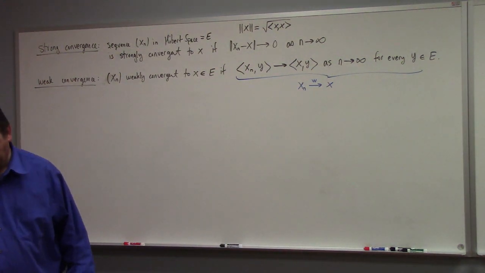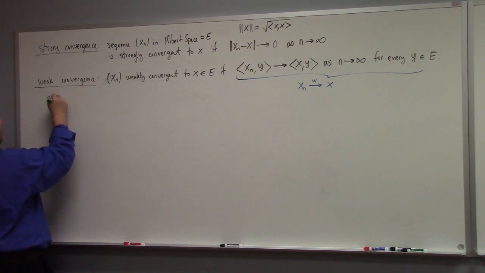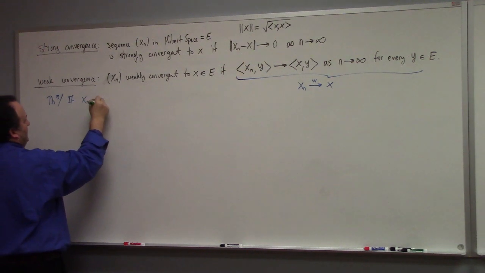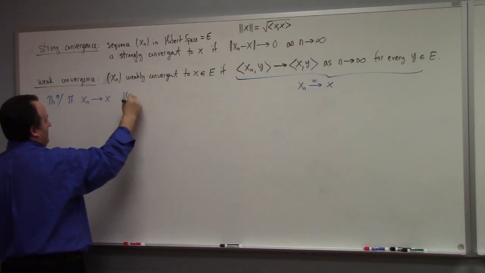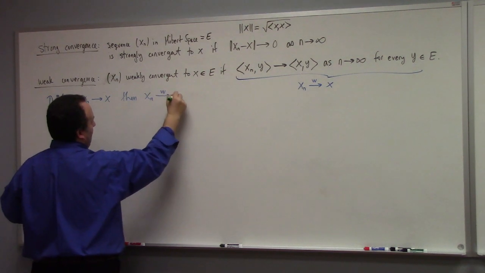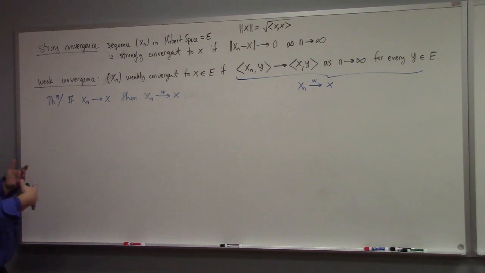Here's the theorem. If xn goes to x, then xn weakly goes to x as well. And here the context, of course, is a sequence in the Hilbert space.